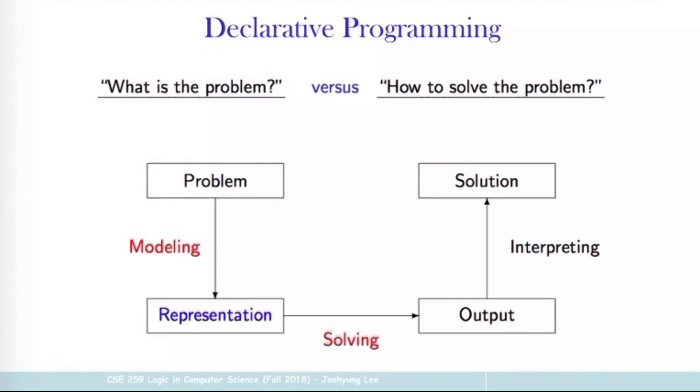Now, the declarative programming that we are going to study now is slightly different. When you try to solve a problem, you're going to model the problem into a certain representation, but you don't necessarily give an algorithm. Okay? You just ask the computer to solve based on the specification, and then the computer returns the output, and you get the solution.